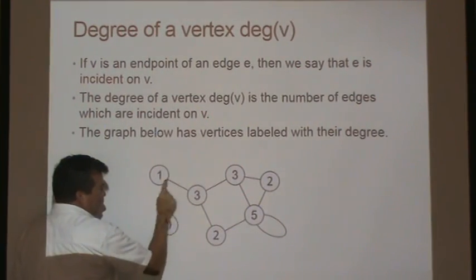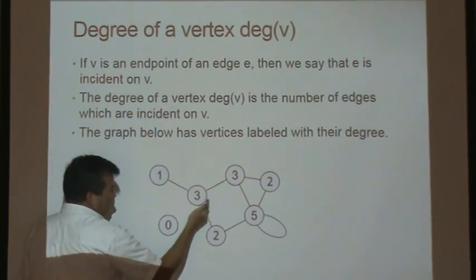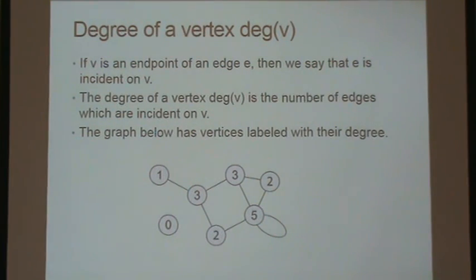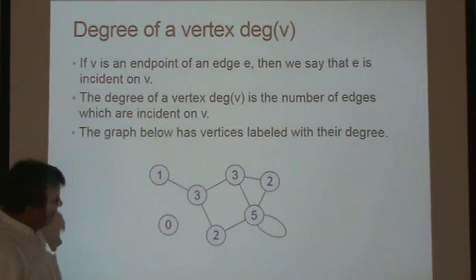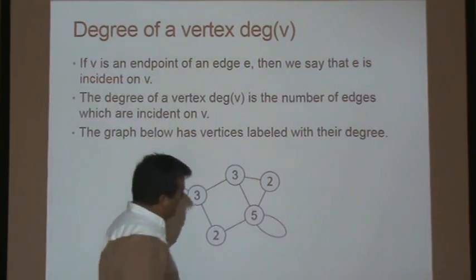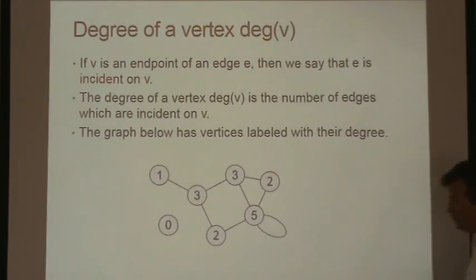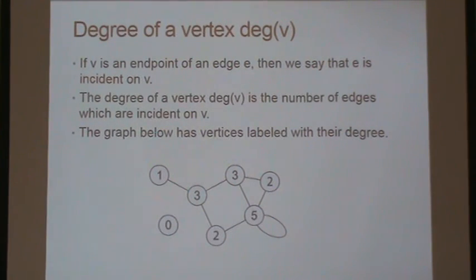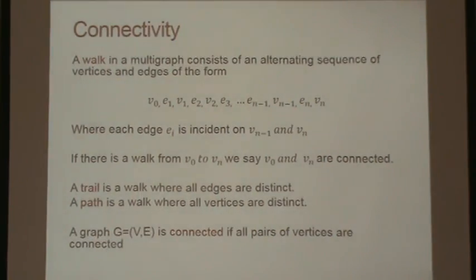This vertex is connected to 3 edges, so it has the label 3. This one's connected to 3 edges, and so on. Now we're introducing the idea that we could label our vertices if we wanted to. They could have unique names or not unique names, depending on what the application is. And we have the idea of the degree of the vertices.